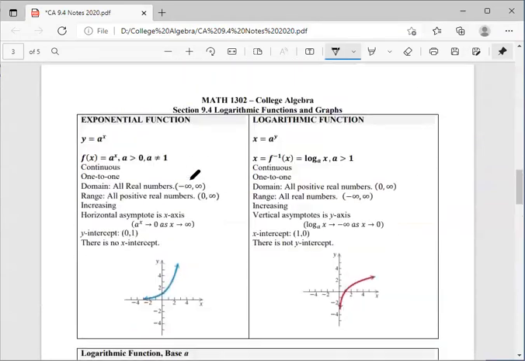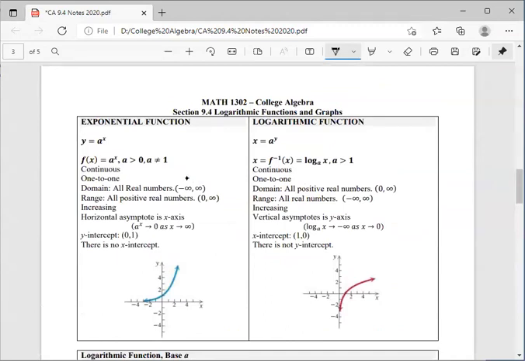So we've got some basic properties when we are comparing exponential functions to the inverse of that, their logarithm function. The exponential function compared to the logarithm function, they're both continuous. They don't have any holes in them. They're also both 1-to-1.